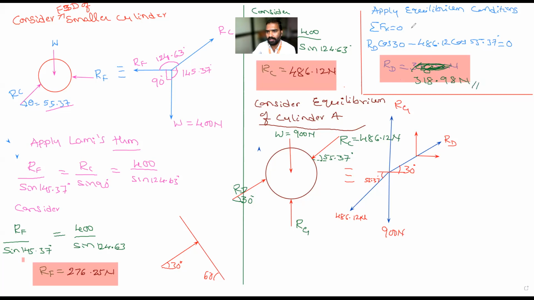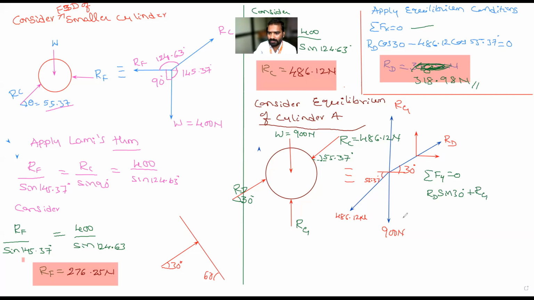After finding RD from sigma Fx, what do I have to find out? I will go with sigma Fy is equal to 0. In sigma Fy, the y component of RD is RD sin 30, in the upward direction, positive. Then plus RG.